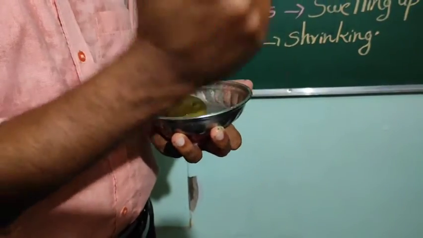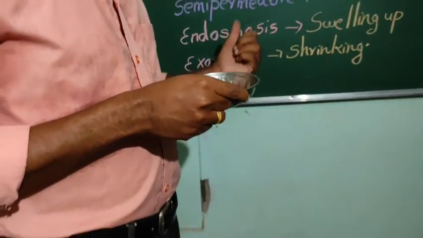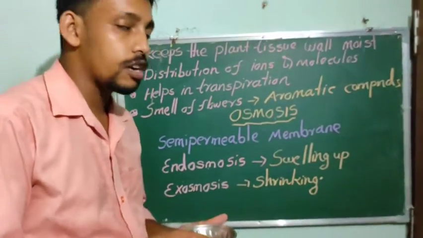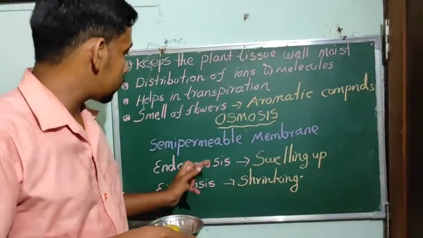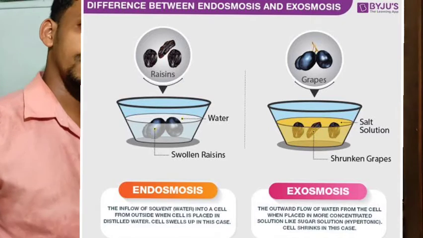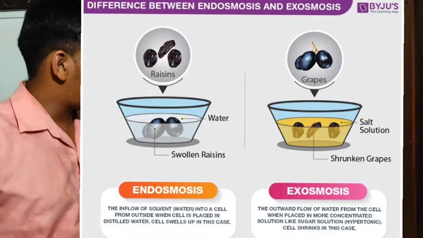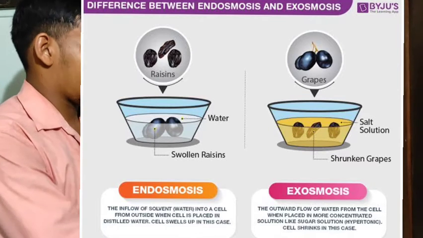That may lead to the shrinking of the cell. But in the case of endosmosis there is swelling up of the cell. So this is the difference between endosmosis and exosmosis.